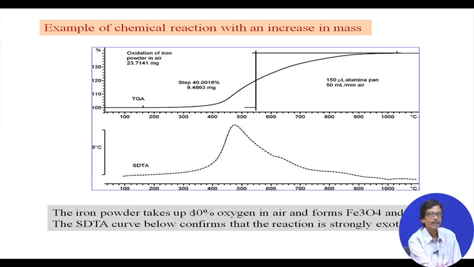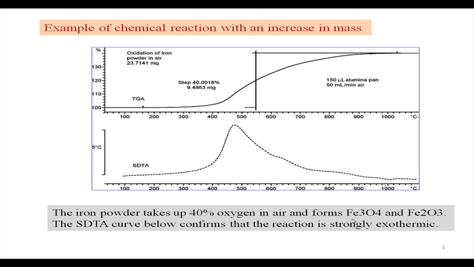So, as a result, the information we get will tell us that we cannot restrict the thing to Fe2O3 only. We can also have Fe3O4, because Fe2O3 is the corresponding one for complete oxidation, that means in the ferric form. Fe2O3 is the ferric oxide, but Fe3O4 is a ferrosoferric oxide.